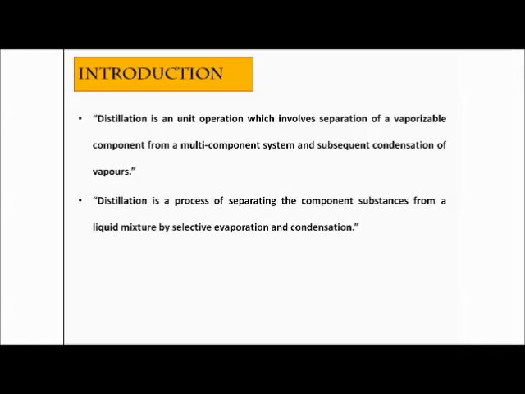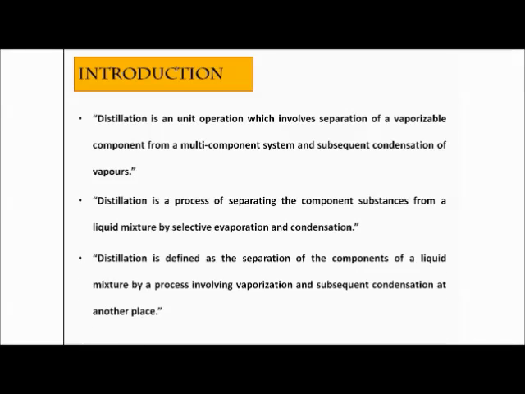This means that in that mixture we have 4 types of liquid, A, B, C and D. The first and foremost thing you need to keep in mind is that the boiling points of those liquids need to be different. If liquid A has the same boiling point as liquid B, then it is very hard to separate them, right? So for selective separation or selective evaporation, they need to have different boiling points.